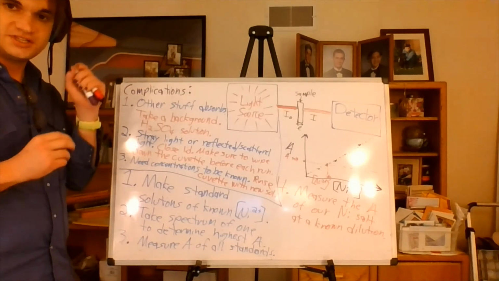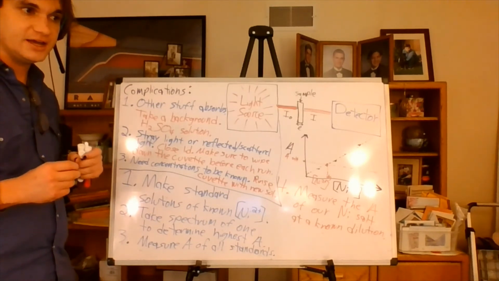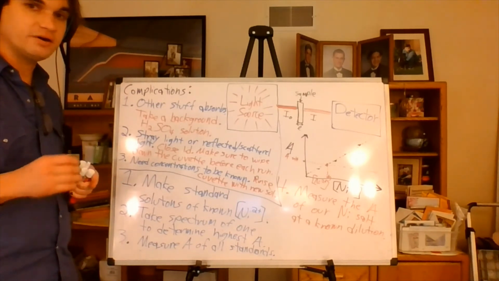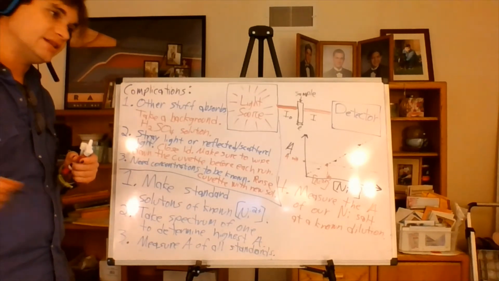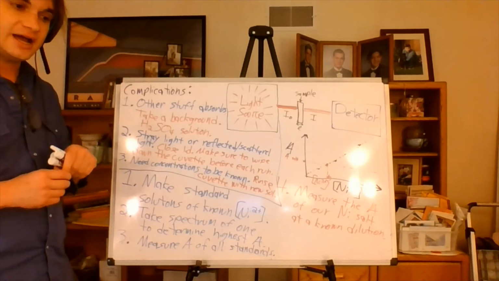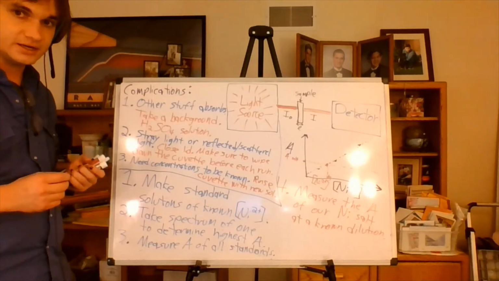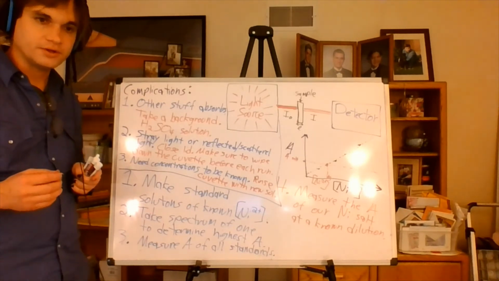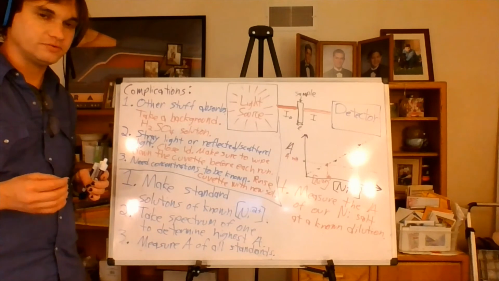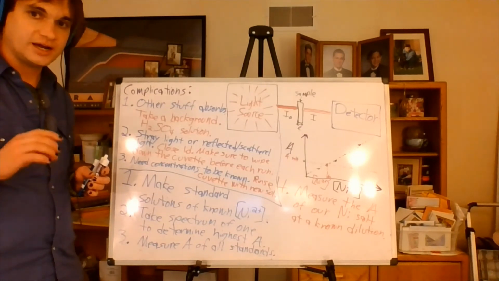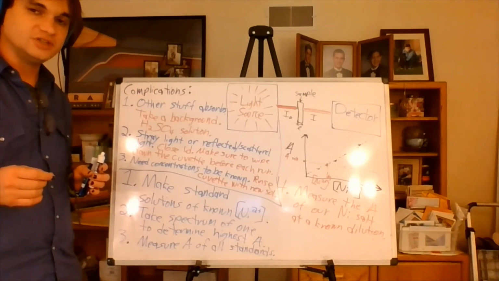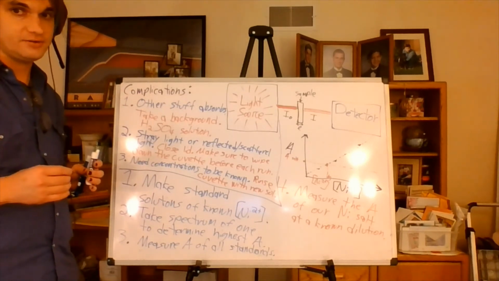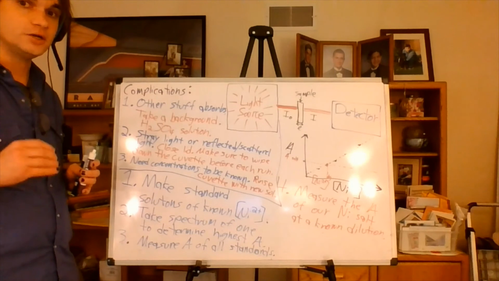So if we put our standard in after that, then it's going to be diluted by however much blank solution was left over. By rinsing the cuvettes and then tossing them, and then adding the solution back again, we can make sure that any droplets that are left over have the same concentration, or at least close to the concentration of nickel as what we think they have, and therefore they don't dilute it.